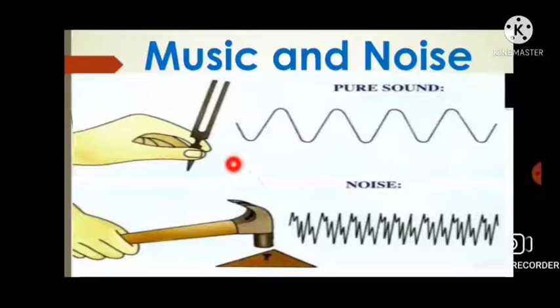For example, music is the sound produced by any musical instrument or a tuning fork, and noise can be a sound produced by an aeroplane, any vehicle, an industrial machine, or striking a hammer on wood, which can also cause noise pollution.